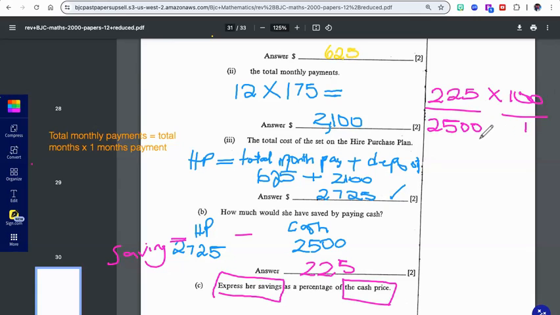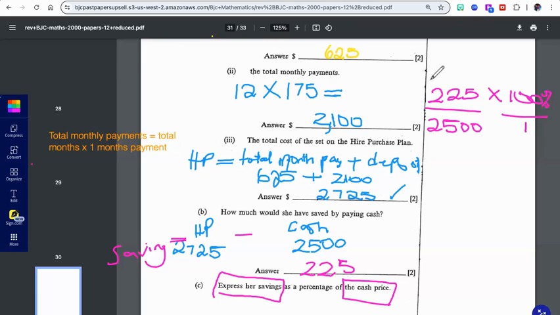Okay, so the fraction would be the savings over the cash price, and we multiply it by 100%. So partial over the total amount multiplied by 100%.